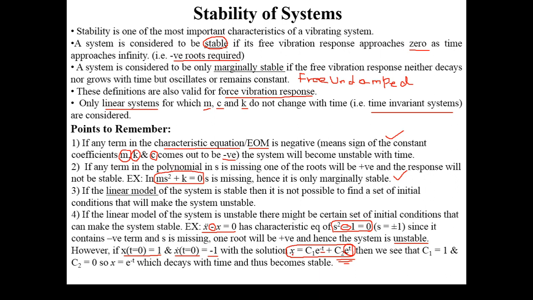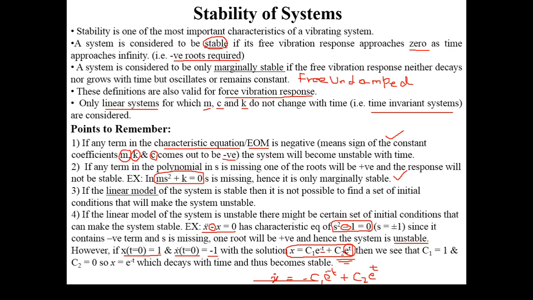Because x of t can be given like this: C1 e raised to power minus t plus C2 e raised to power t, and x dot here can be written as minus C1 e raised to the power minus t plus C2 e raised to the power t.